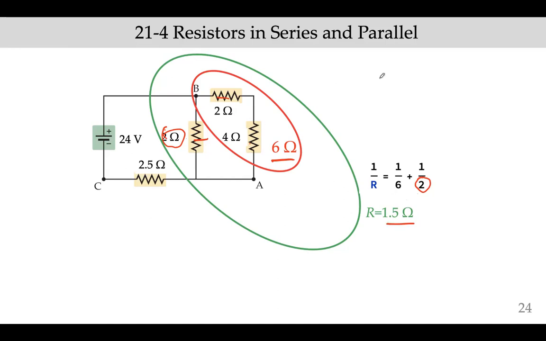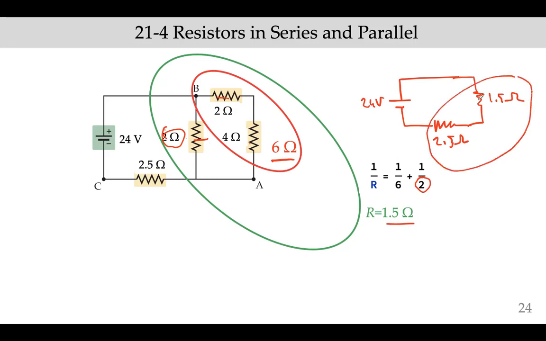Now our circuit is like this, 24 volts. Here we have this 2.5 ohms, connected to this 1.5 ohms. Because these are in series, 2.5 plus 1.5 makes 4 ohms.